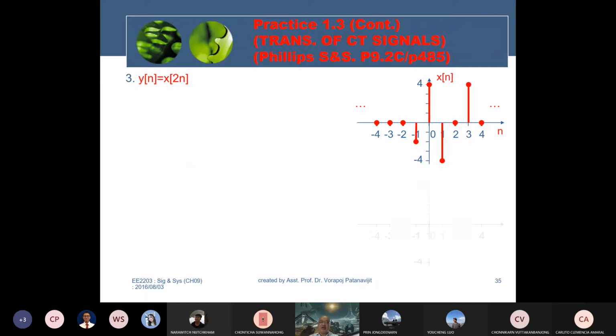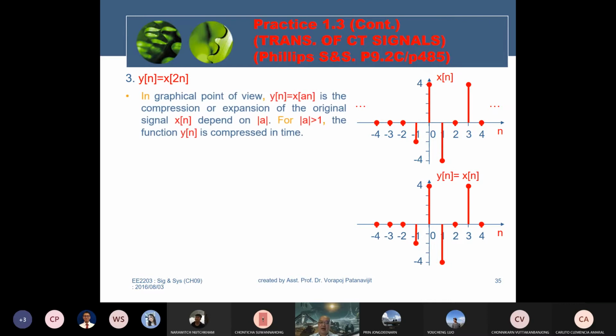Okay, the next question is yn equal to x2n. x2n is one type of time scaling, but in this case it's different from the previous. In the graphical point of view, yn equal to xan is the compression or the expansion of the original signal xn depending on the absolute a.